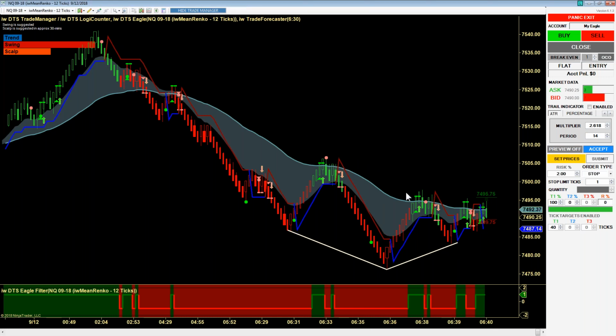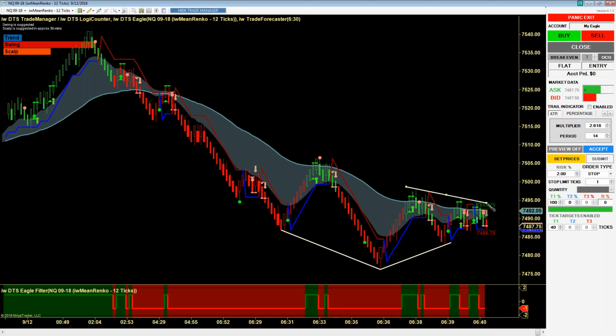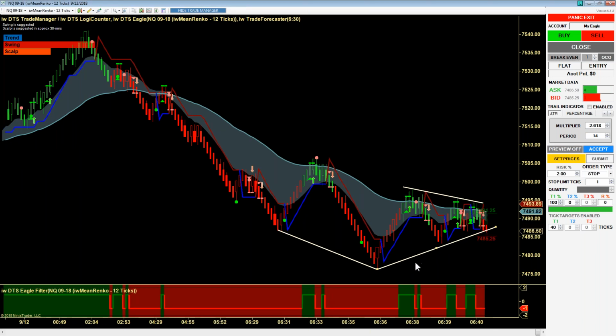But I think what's more important here is we've got a little bit of a wedge type formation going on.